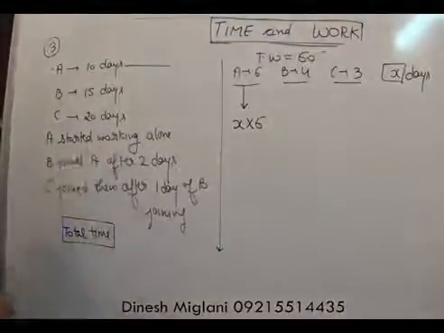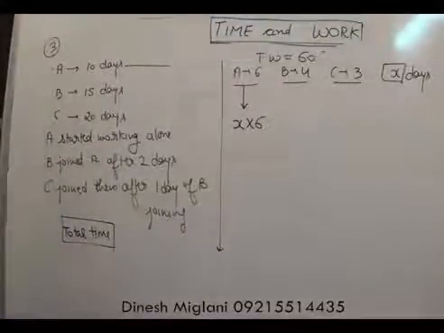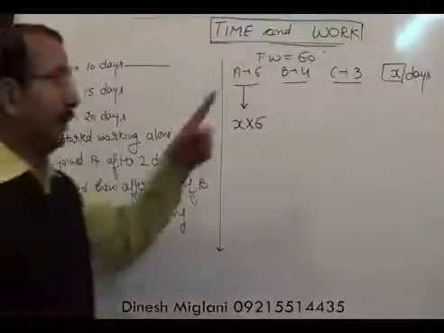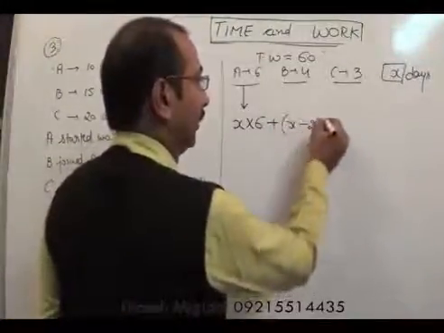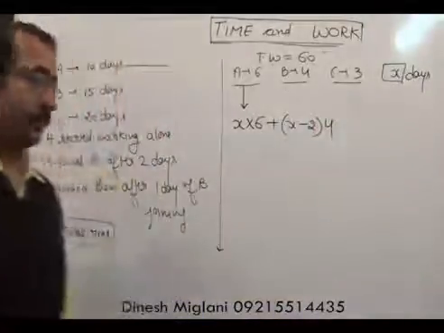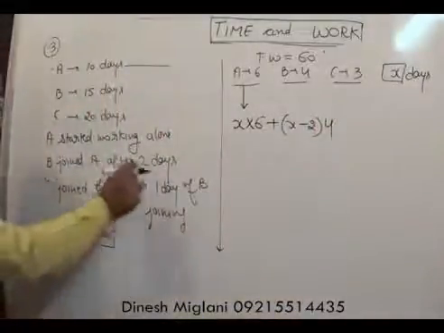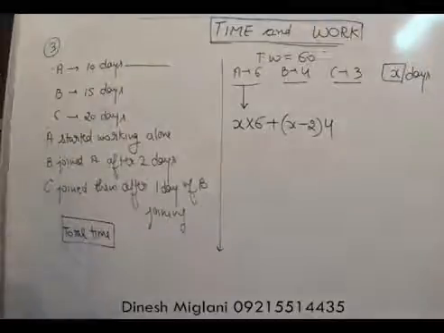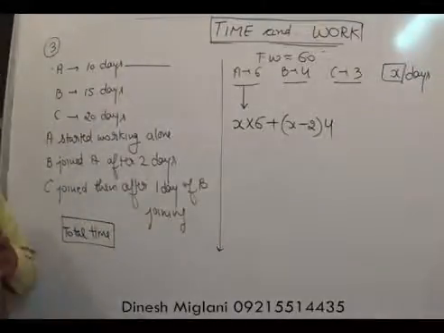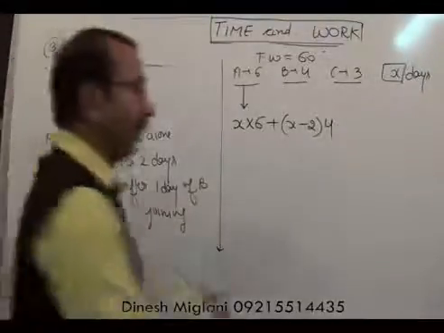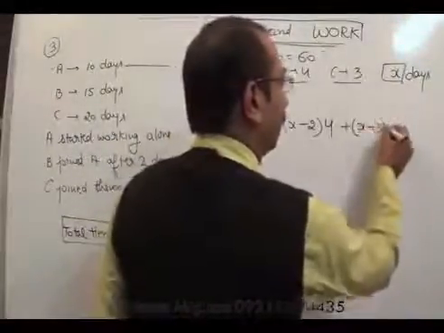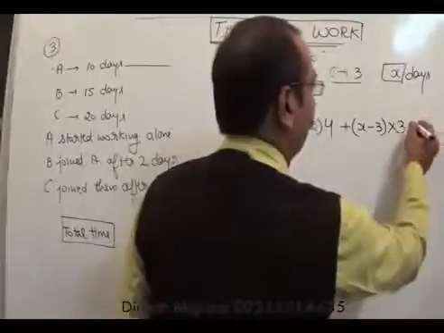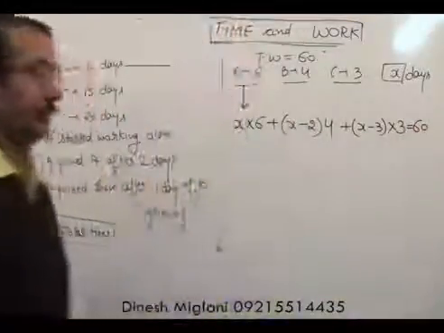B joined A after 2 days, which means B worked for X minus 2 days and his 1 day work is 4. C joined after 1 day of B, which means he joined after 3 days. For how many days did he work? X minus 3, and 1 day work of C is 3, and total work is 60.